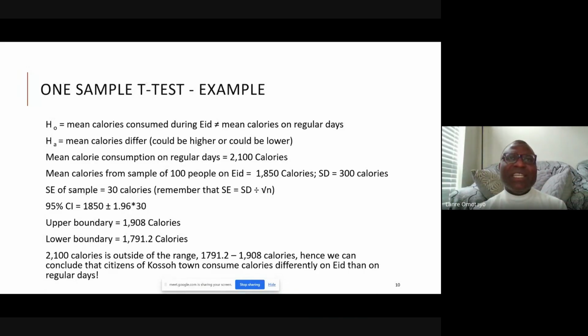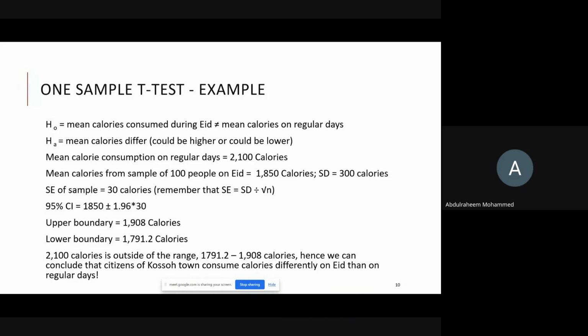Which in this case is what? What are we trying to prove? As researchers, what are we trying to prove to the nutritionists and the district authorities in this little study that we just did? That on Eid day celebrations, the members of the population consume calories of more than 2,100.